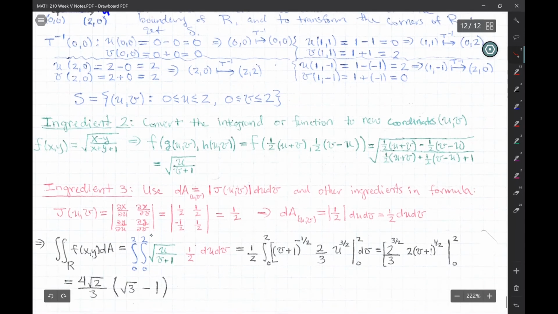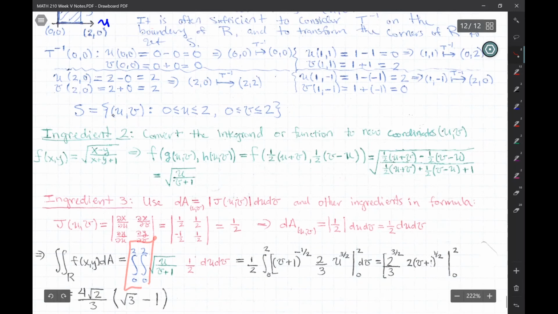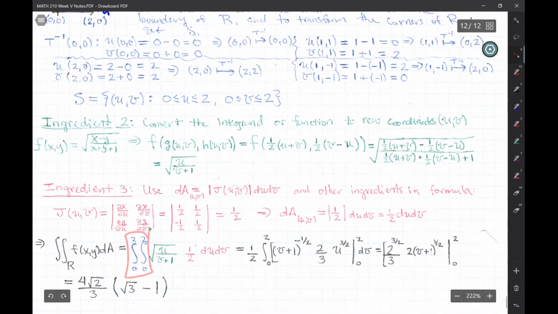We have our bounds of integration coming from ingredient 1, the description of the region in terms of the new coordinate system. That's in blue. And in green here is the conversion of the function in terms of the new variables.